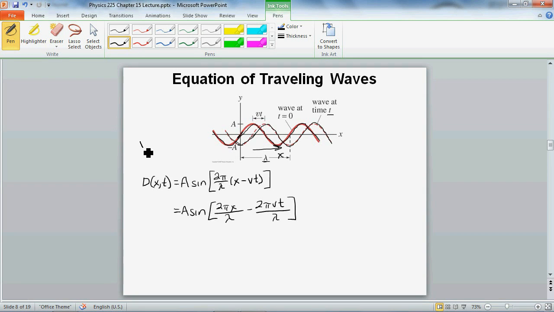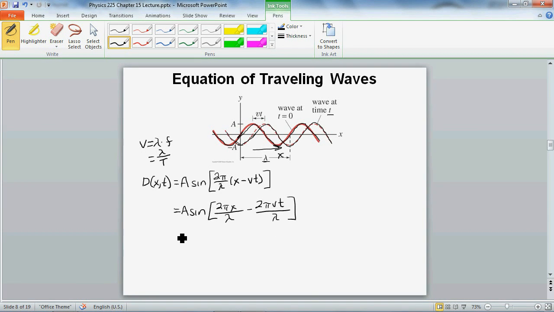Remember that velocity is equal to lambda times frequency, and that would be also lambda over period. And this is velocity divided by lambda, so if I bring lambda under the velocity, I get 1 over the period.